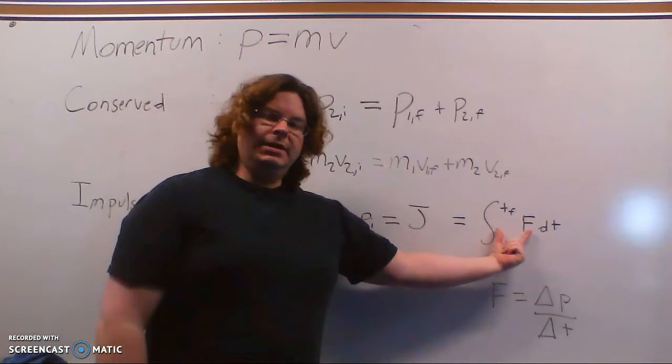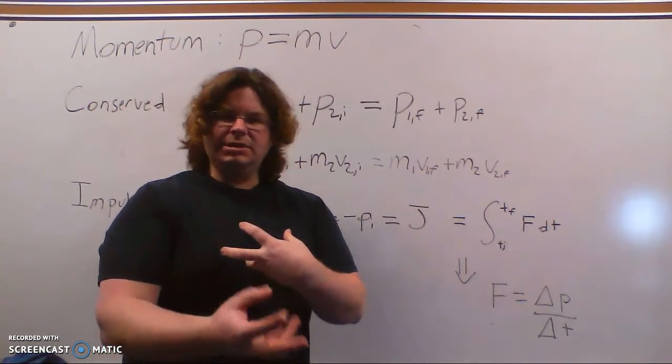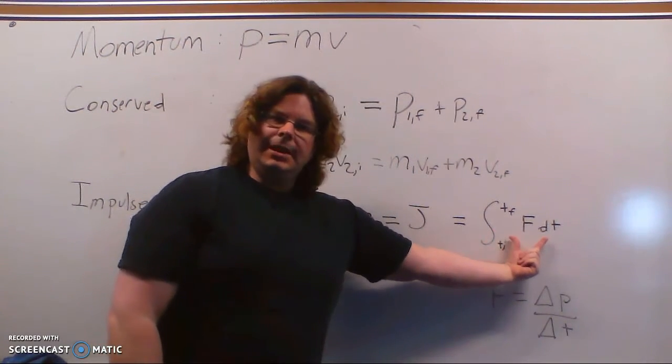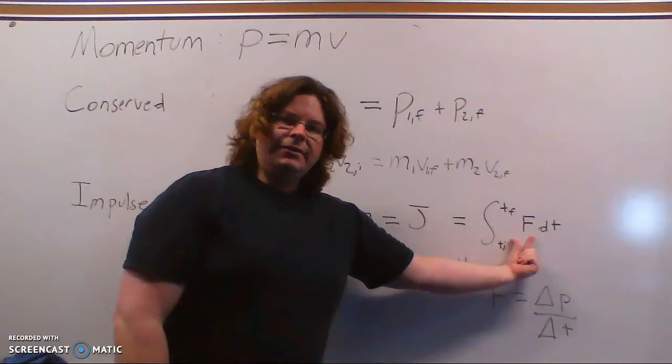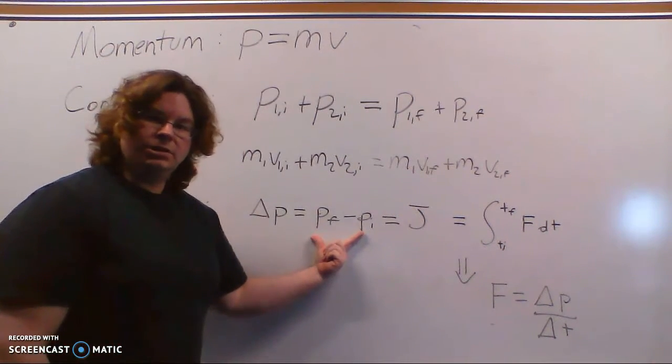So now, just like we have several other relationships connecting our kinematic expressions and forces and energy, we have a relationship that would allow us to go directly from, we applied a force for a certain amount of time, to the momentum of an object changed.